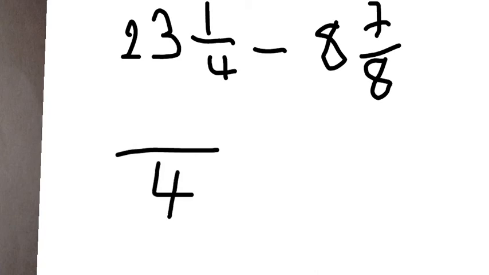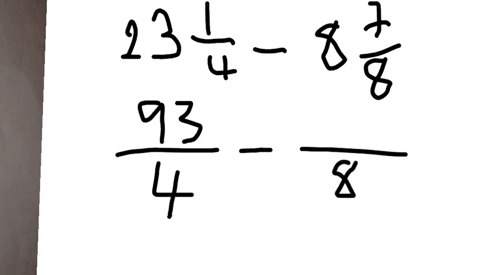So something over 4, and I'm gonna multiply 23 by 4, and the answer is 92, and add your 1, the answer is 93. So when you change this to an improper fraction, it gives you 93 over 4 minus something over 8. 8 times 8 is 64. When you add 7, it gives you 71. Okay, so this is what we have so far.